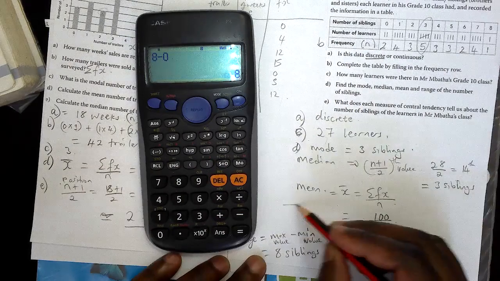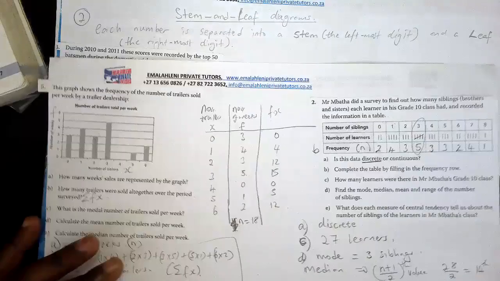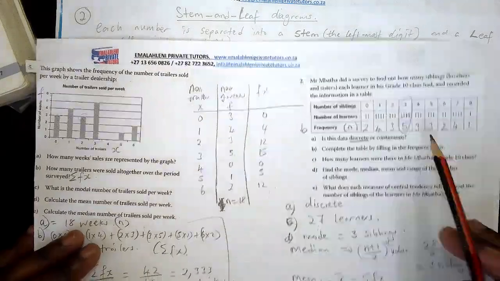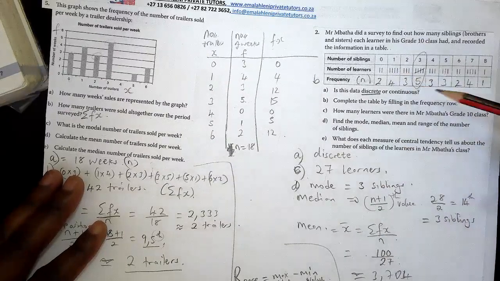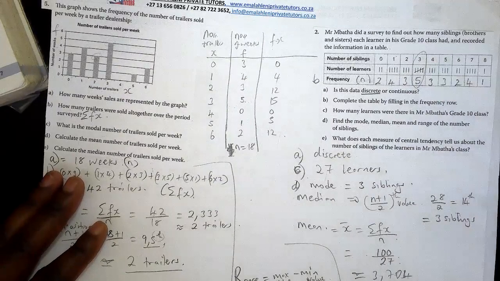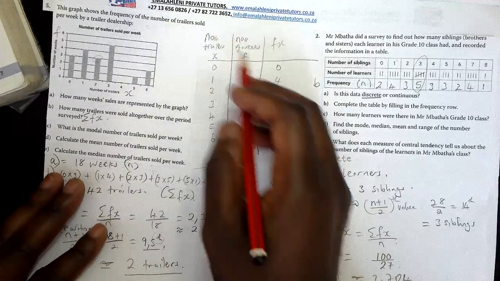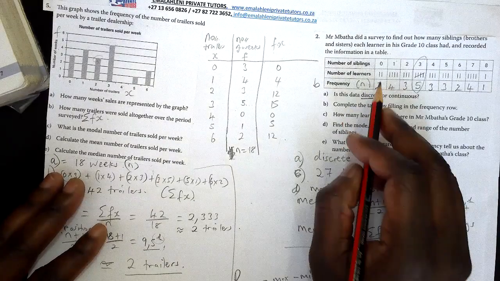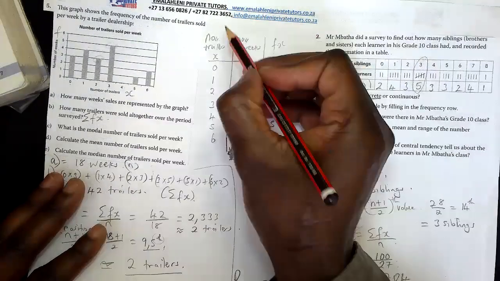Now, for the median, I wanted to explain something to you here. For the median, with this data, you find that we are saying 3. Now, how are you saying 3, Mr. Stolle? Let me show you what we are doing here. When we have 0 here, it means number of siblings 0, 0.